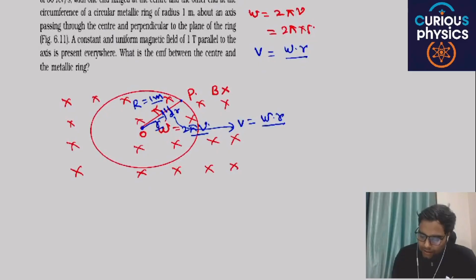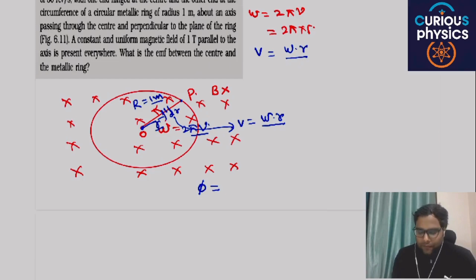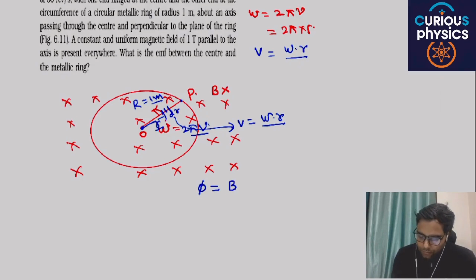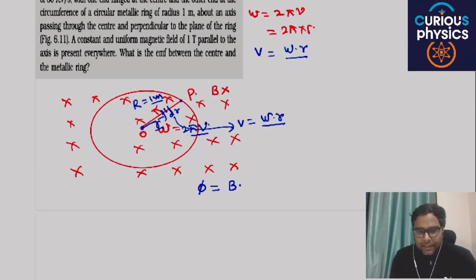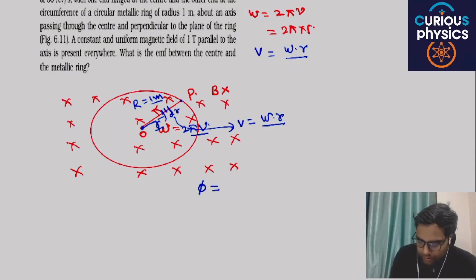Then the magnetic flux phi will be B times the area. Here the length is dr, so you can directly use the induced EMF formula.